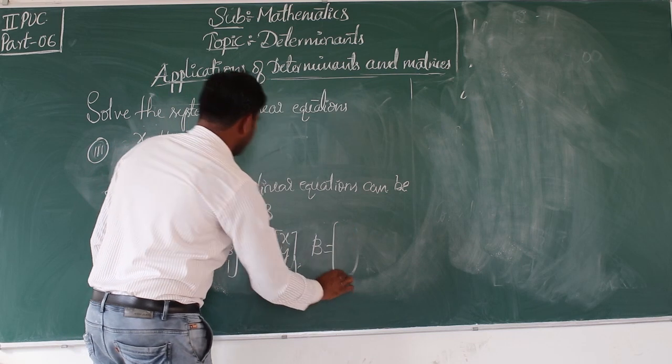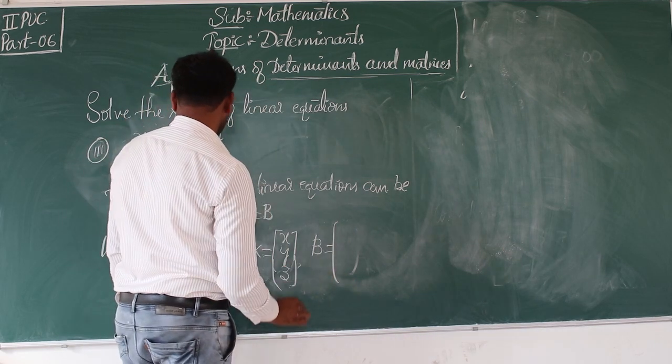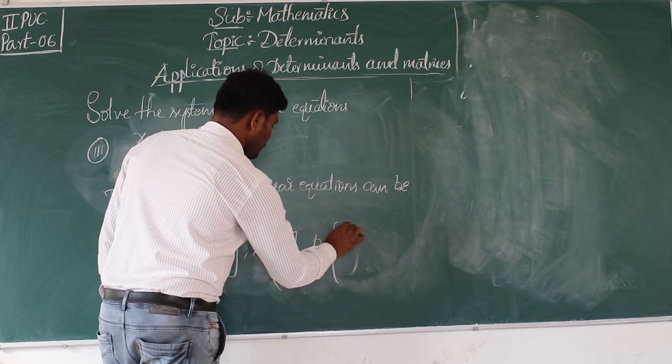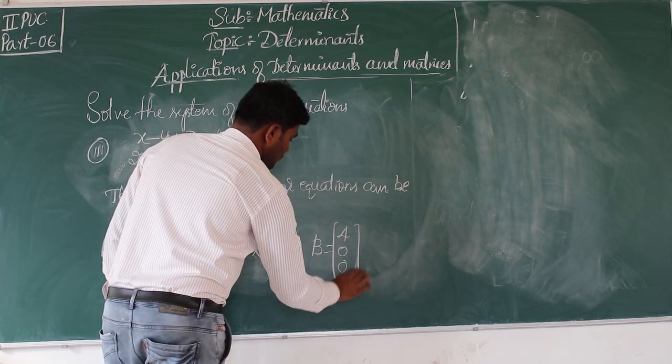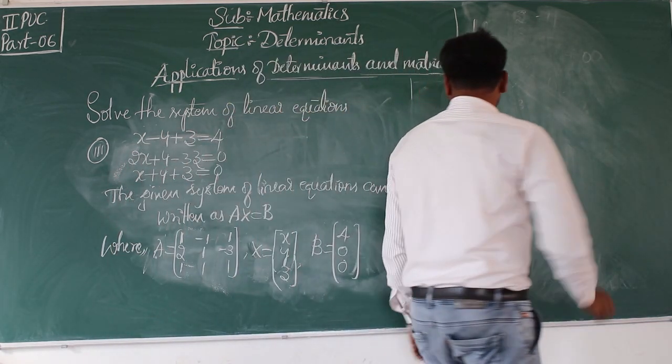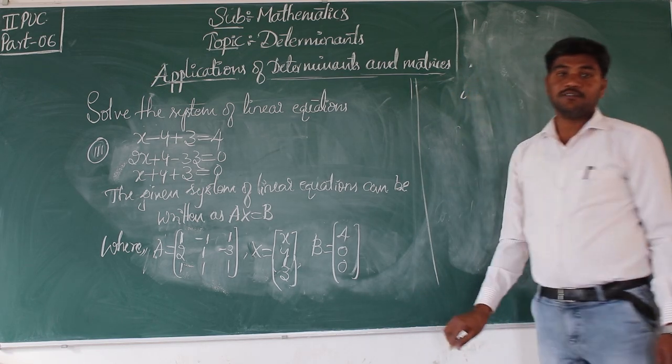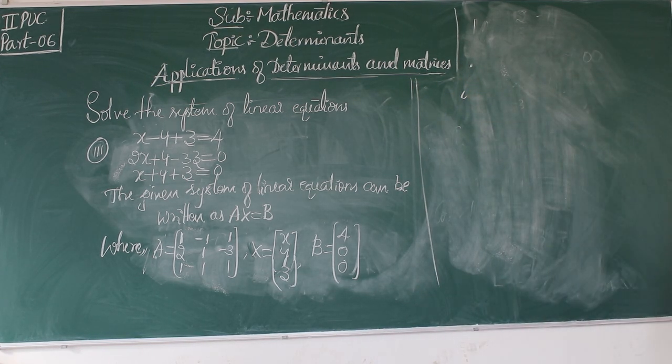And the constant matrix is 4, 0, 2. So now first we have to find the inverse of matrix A.